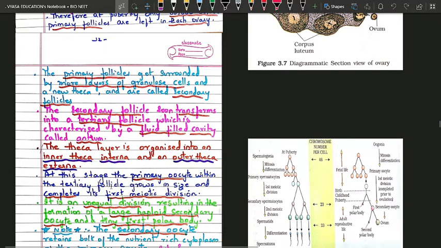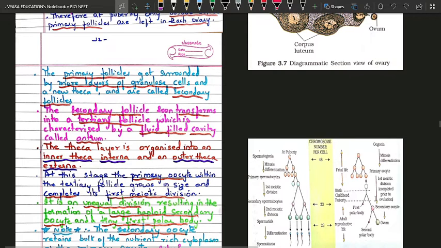At this stage, the primary oocyte within the tertiary follicle grows in size and completes its first meiotic division. So here you can see the first meiotic division, primary oocyte. It is an unequal division resulting in the formation of the large haploid secondary oocyte and a tiny first polar body.